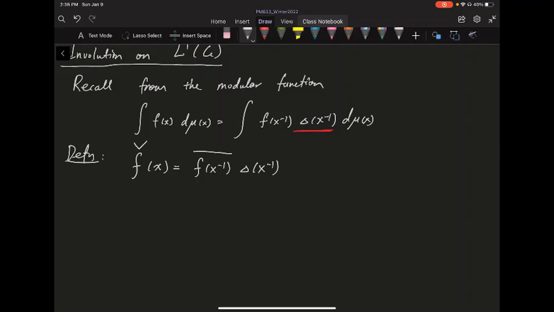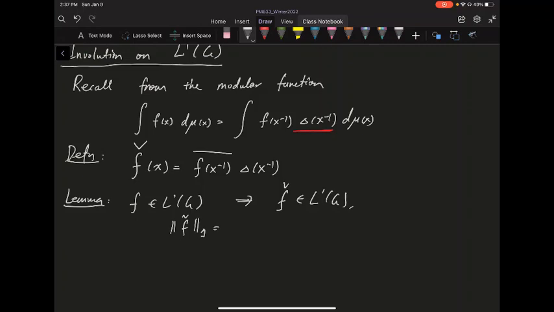It's fairly clear from the formula above that the integral of the absolute value of f check gives you the same as the integral of the absolute value of f. Let's put it as a little lemma. If f is in L1 of G, then f check is also in L1 of G, and moreover the one norm is the same.